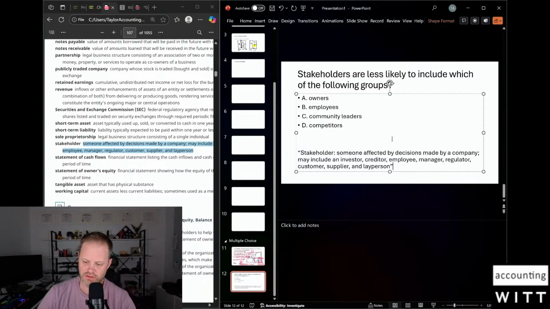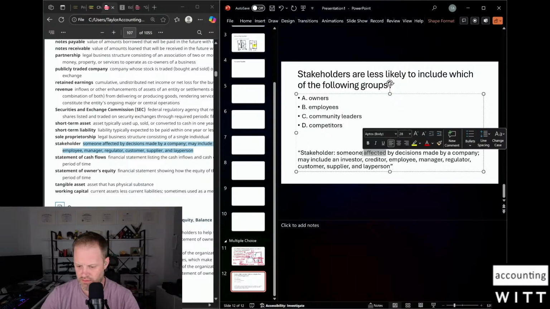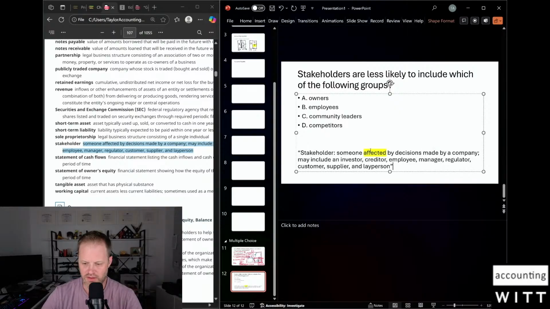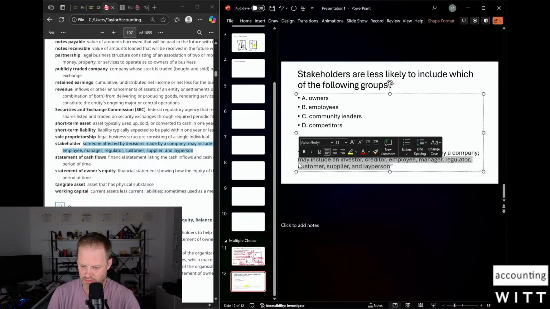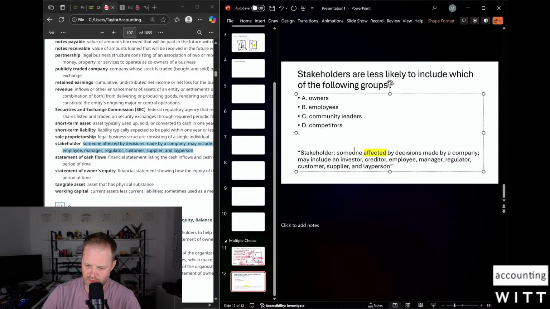So, a stakeholder is someone affected by decisions made by the company. I'm going to delete the extra part for right now.